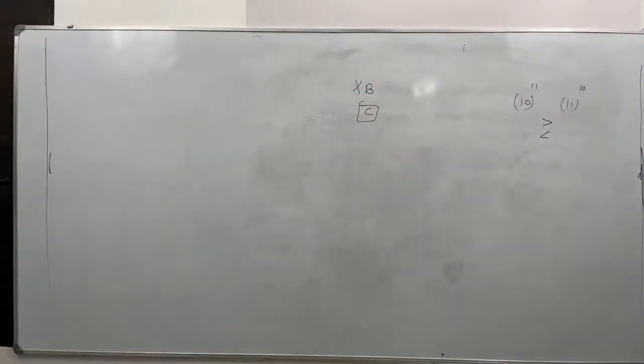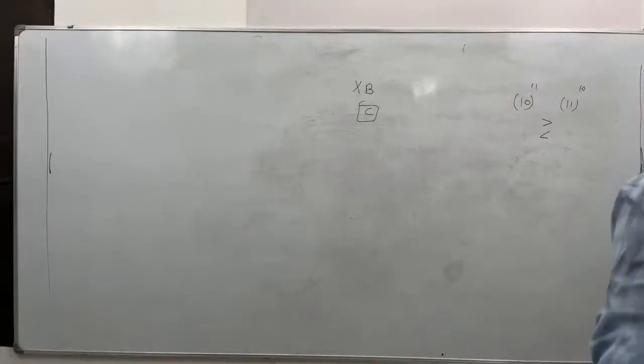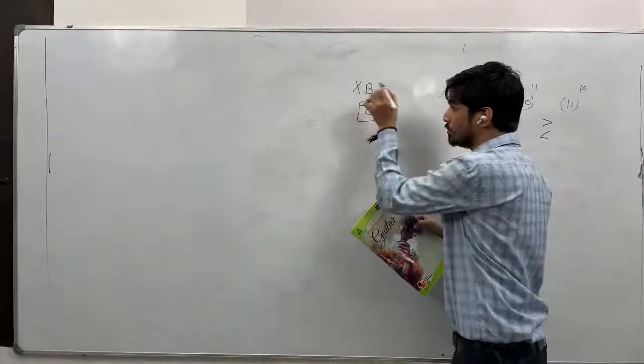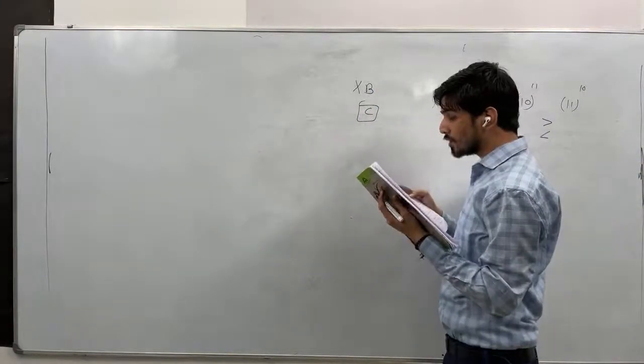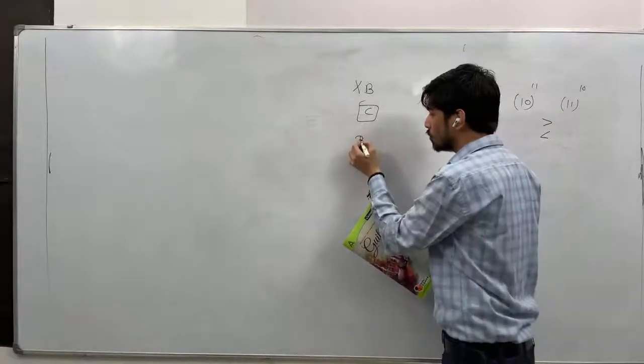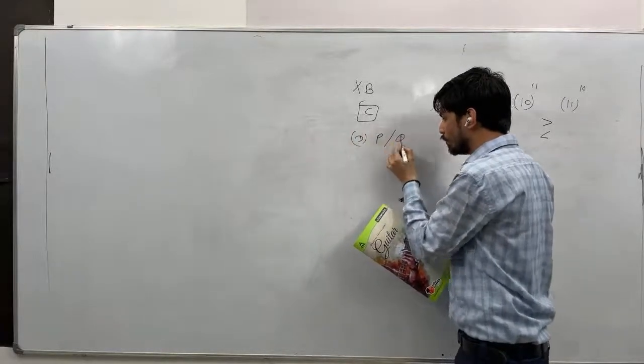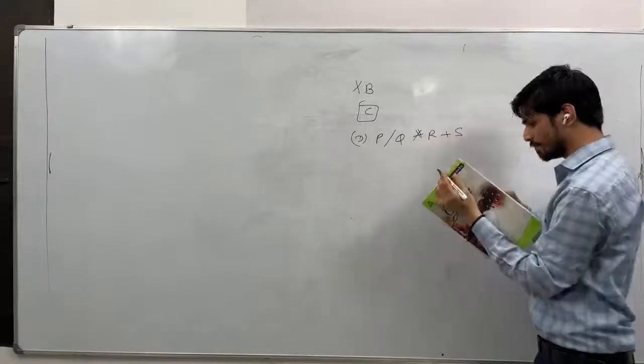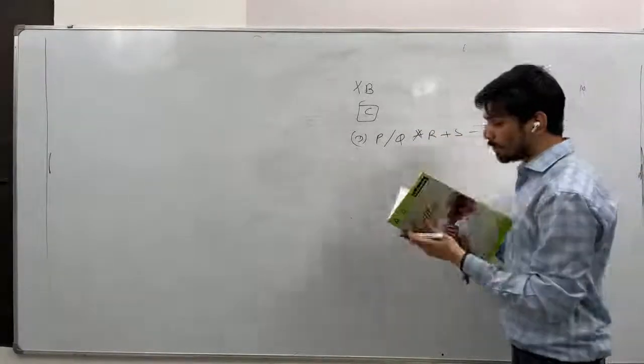So there are two methods in which you can do. First one is simply you can do that tree diagram. Another one is generation gap. I'll tell you. First of all, you rejected that option B cannot be correct. Now you talk about option number D. That is nothing but P, Q star R plus S minus T. Here you see what is P here?